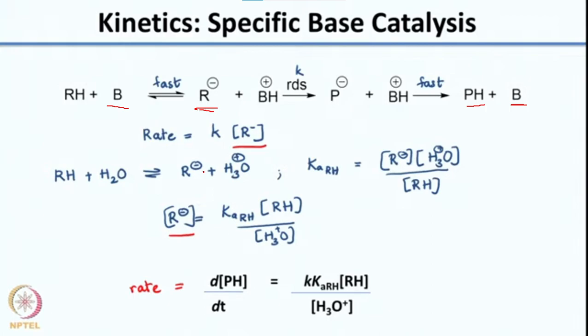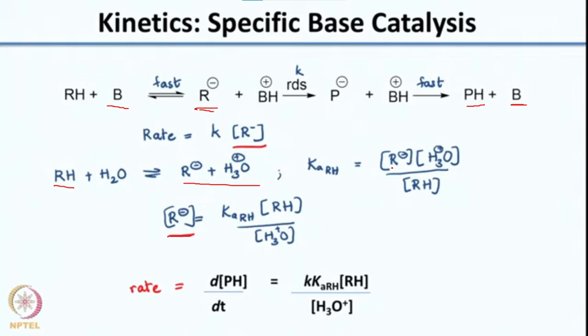Now we are writing the equation by writing the Ka value. All of you know that we write product upon reactant. So we are writing here Ka of RH equals R minus times H3O plus divided by RH, right? After getting the Ka of RH expression, we will rearrange it to get the value of R minus.